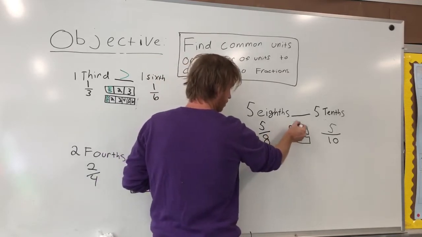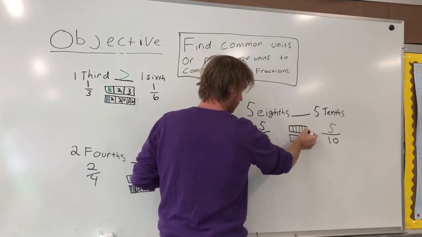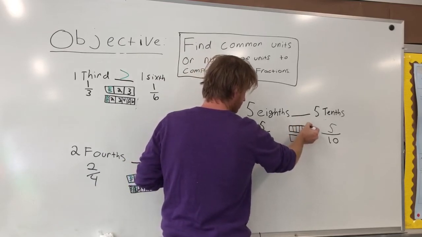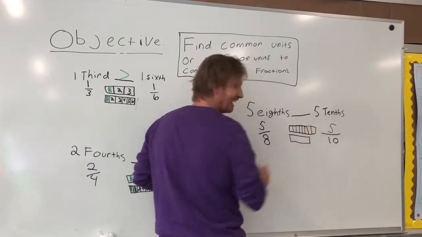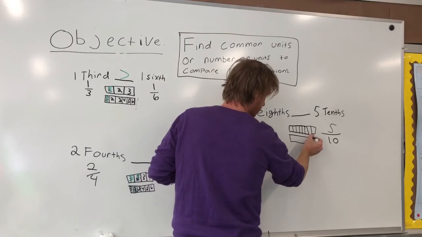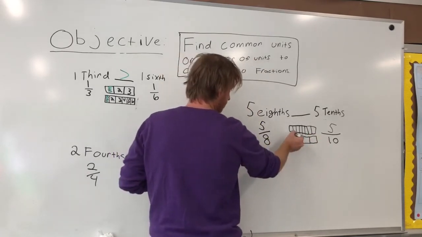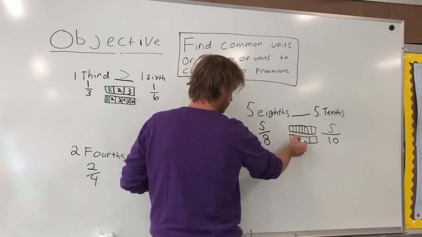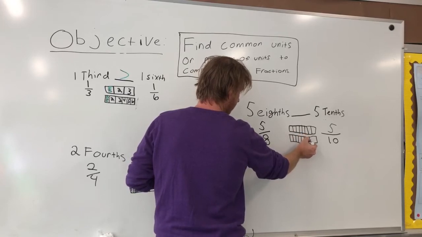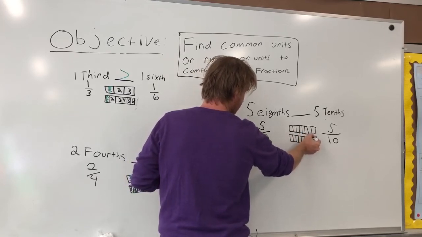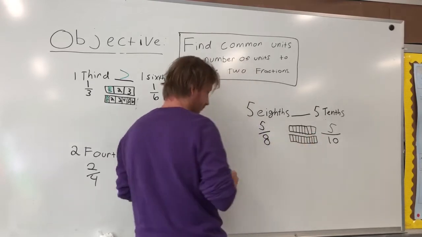So 1, 2, 3, 4, 5, 6, 7, 8. I needed a little more room. And then we'll break this one into tenths. So we have 1, 2, 3, 4, 5, 6, 7, 8, 9, and 10.